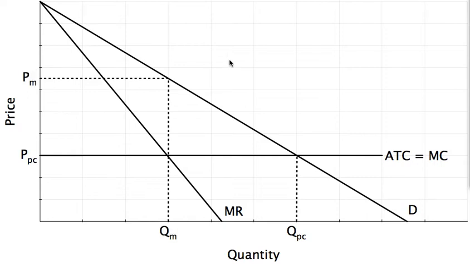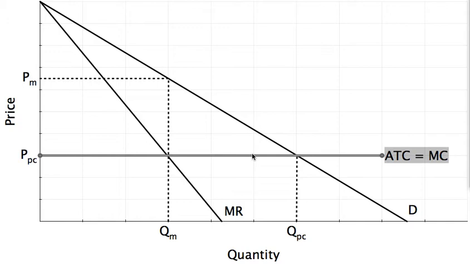So what is the impact on consumers? Well, economists would measure this by measuring the level of consumer surplus under both scenarios. If you remember, or if you've forgotten, consumer surplus is the area above price but below demand.